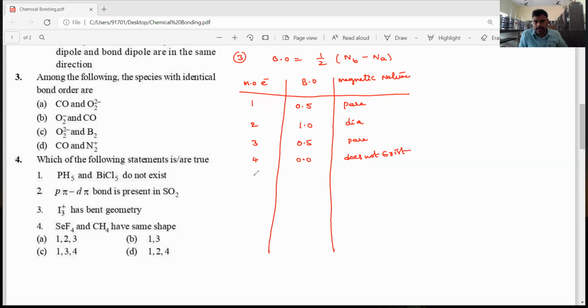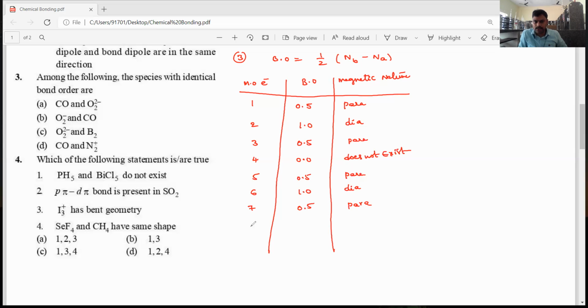Okay, students, if 5 electrons are present, the fifth electron enters the bonding molecular orbital, so it is 0.5 and paramagnetic. With 6 electrons, it is 1.0 and diamagnetic. With 7 electrons, the 7th electron enters the anti-bonding molecular orbital of sigma 2s, so it becomes 0.5 and paramagnetic.